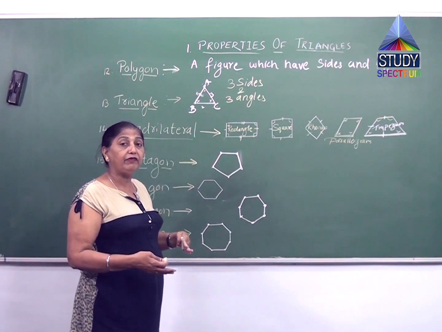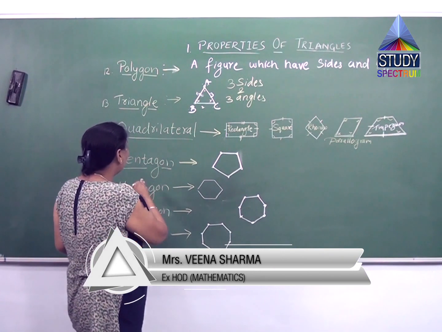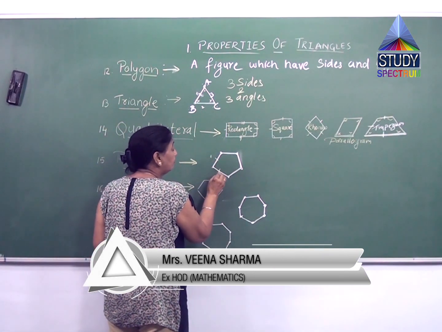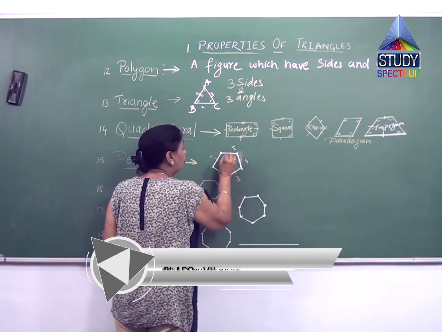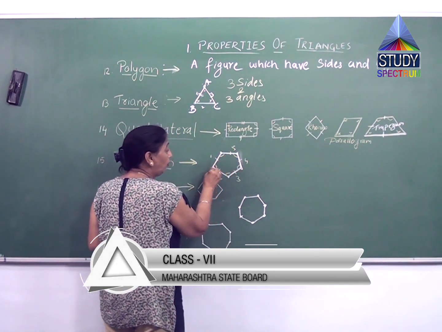Now a figure which has five sides and five angles is known as a pentagon. So here you can observe this is first, this is second, this is third, fourth and fifth. And there are angles 1, 2, 3, 4, 5.